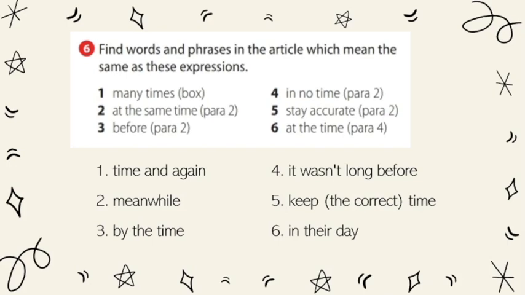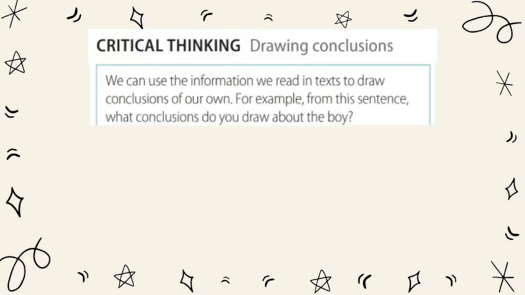That's for example, in their day, in her day, like we used to say to our parents, en tus tiempos, right? So at the time you're talking about in that moment in the past, and in their day, you're talking about the time that the person was living, usually in the past. So both of them serve as synonyms. Okay? Let's continue to the critical thinking box.